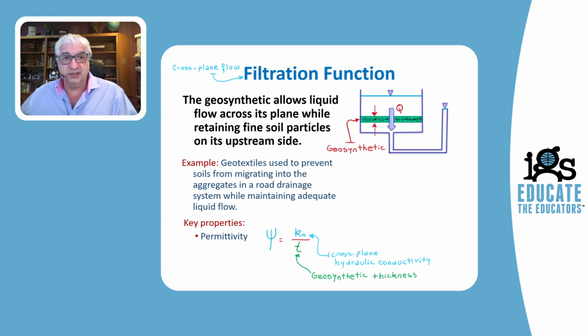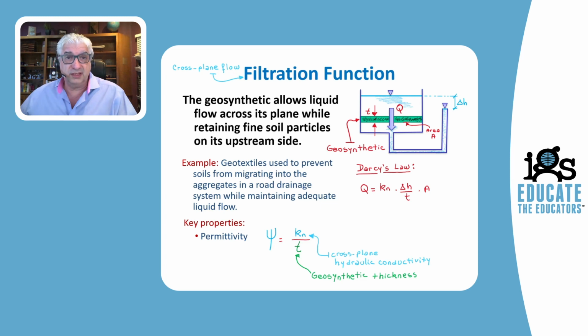So permittivity is the cross-plane hydraulic conductivity of the geosynthetic divided by the geosynthetic thickness. So here it is, the geosynthetic thickness T. Let's define also the cross-sectional area in the geosynthetic A. Because there is water flow, we will need a loss in hydraulic head. How does this work within the context of Darcy's law that governs the flow across the plane of the geosynthetic? Okay, in this case, the flow Q is going to be the hydraulic conductivity in the normal direction times the hydraulic gradient, which is the drop in hydraulic head, divided by the thickness.